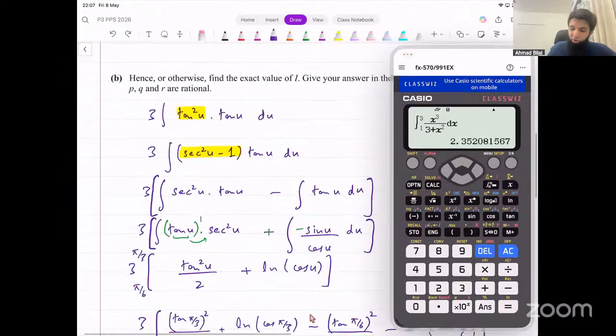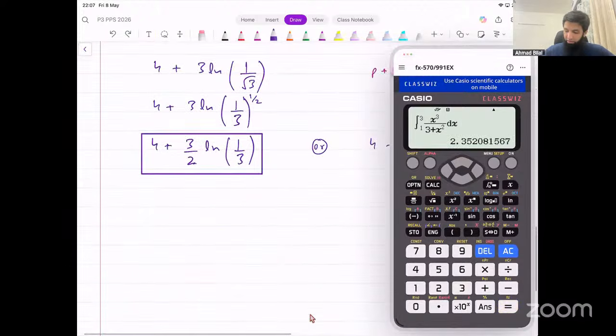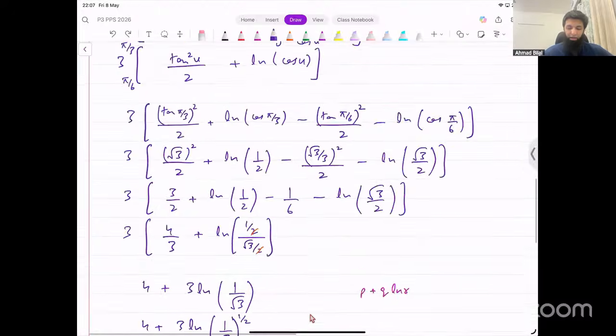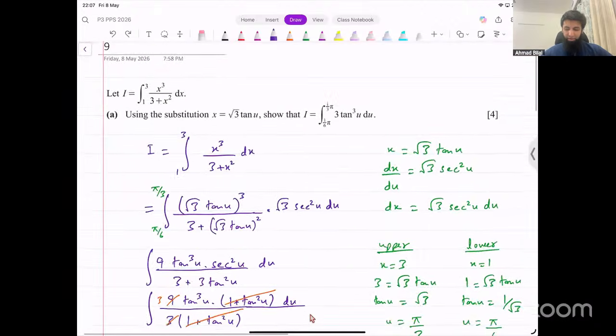We're getting 2.352, right? Now the answer that we are getting here, let's check that. 4 plus 3 over 2 into ln of 1 over 3. And that's the same thing that confirms that this is correct. Okay, that was question number 9, part B.